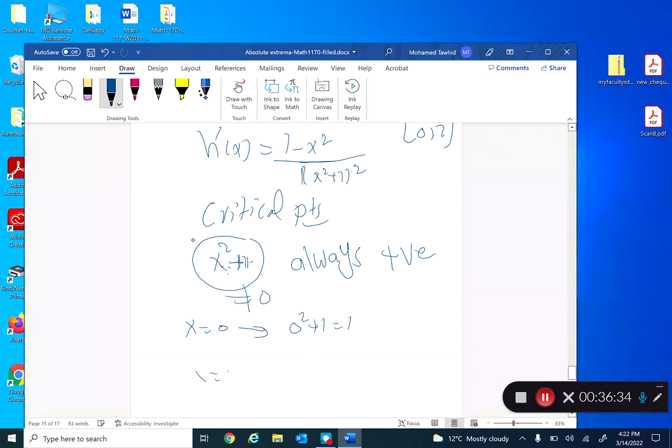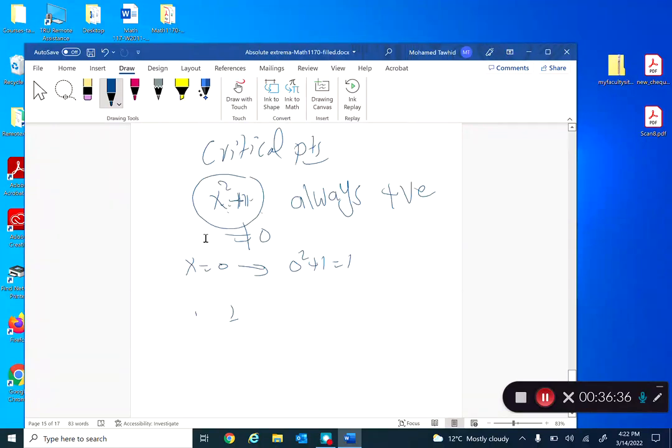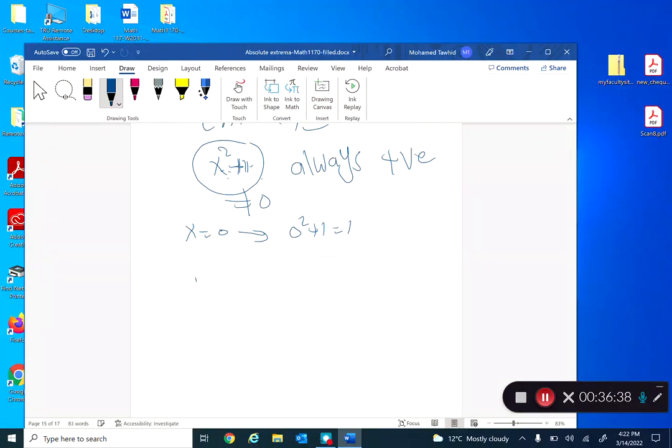If you replace x by plus or minus 1, you have plus or minus 1 squared plus 1, so you get 1 plus 1, which is 2. So if you take x as any real number, positive, negative, or 0, then x squared plus 1 is always a positive number and can never be 0.